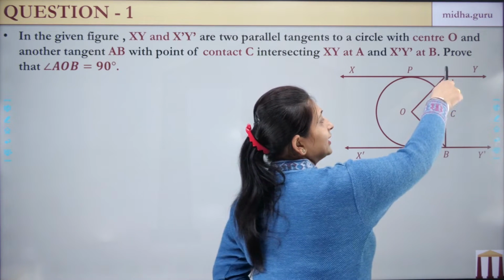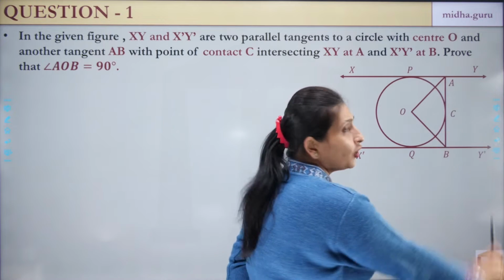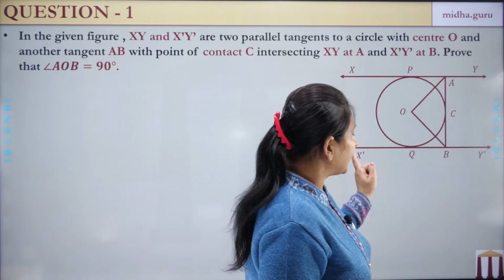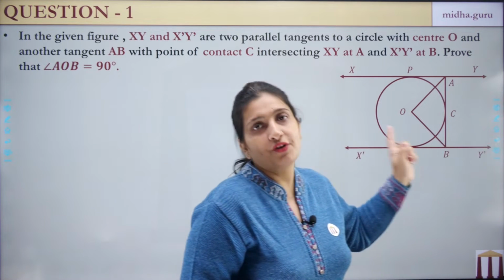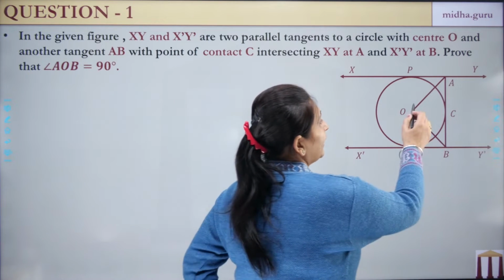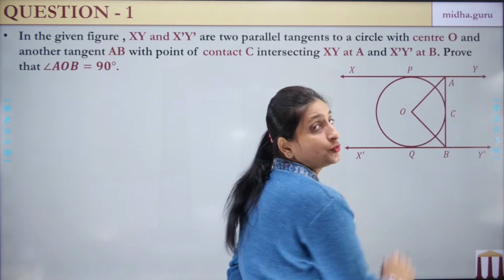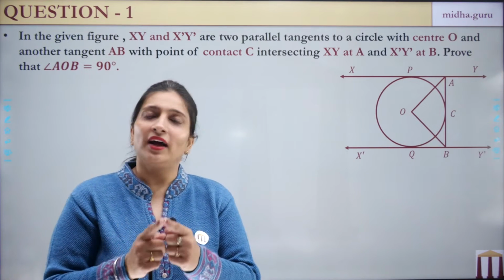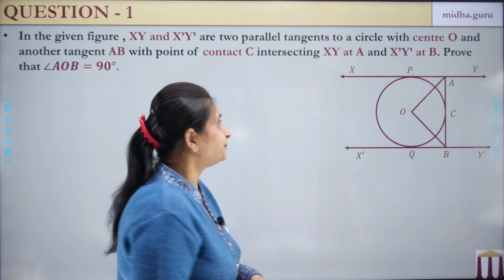We have another tangent AB whose point of contact is C. We have to prove angle AOB is 90 degrees. Come on, pause the video and try to solve it yourself.